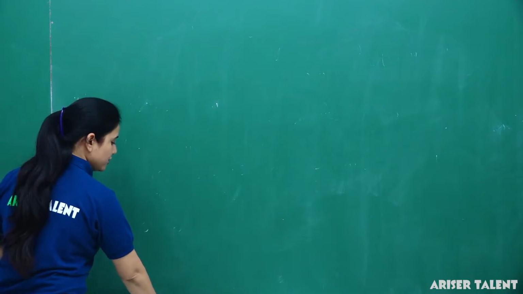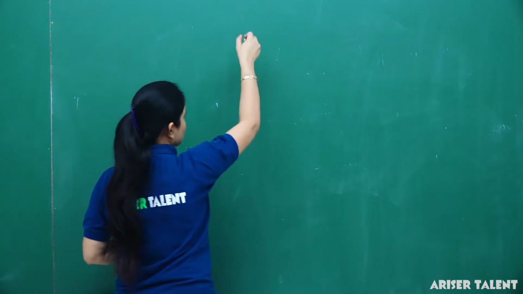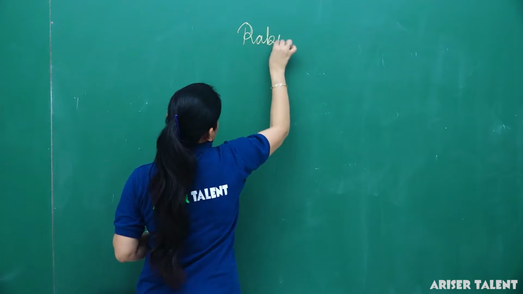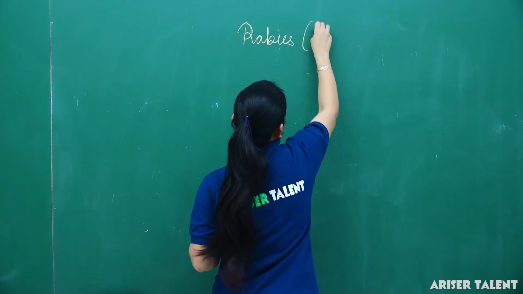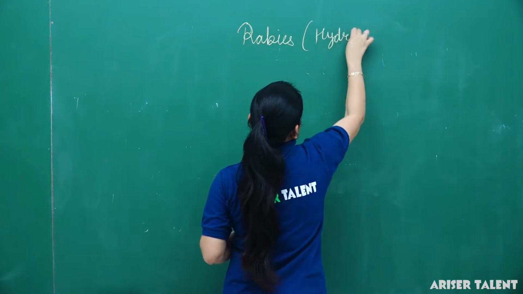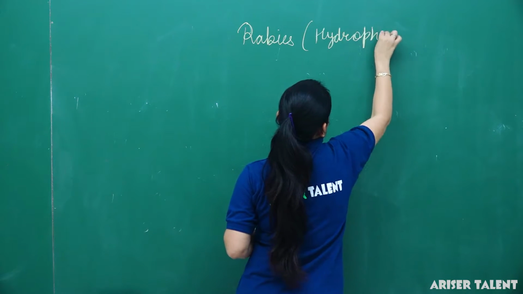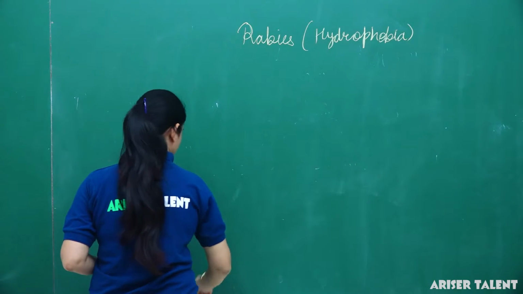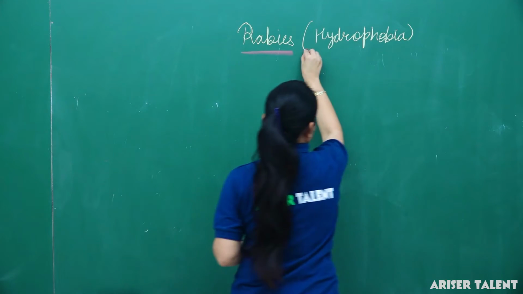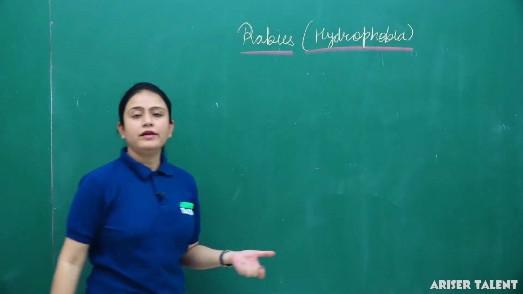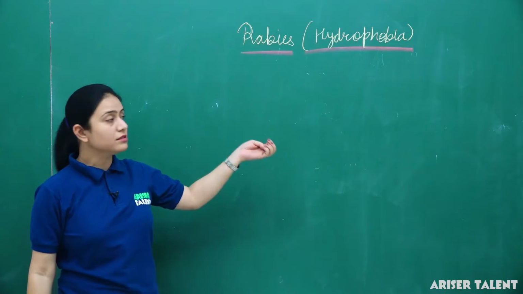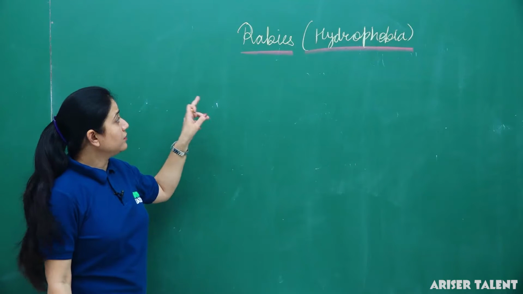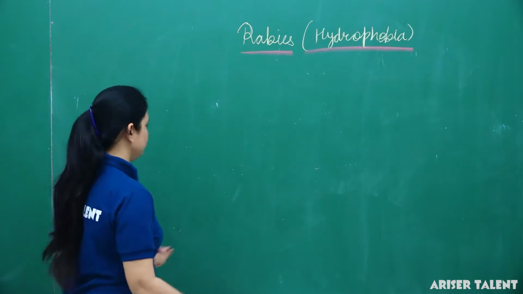This rabies is caused by animals like cats and dogs, and it is caused by the rabies virus named the Lyssa virus.